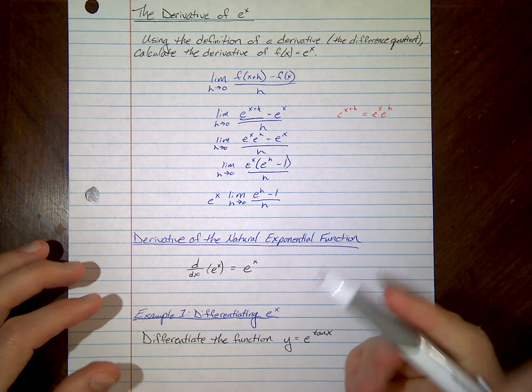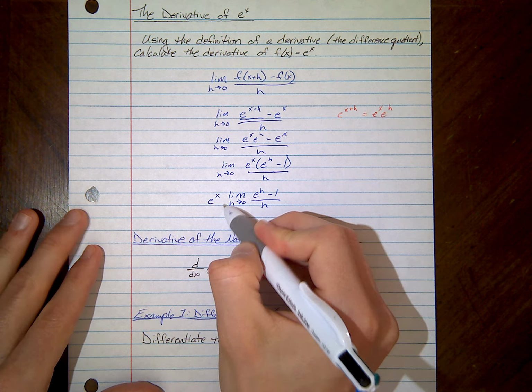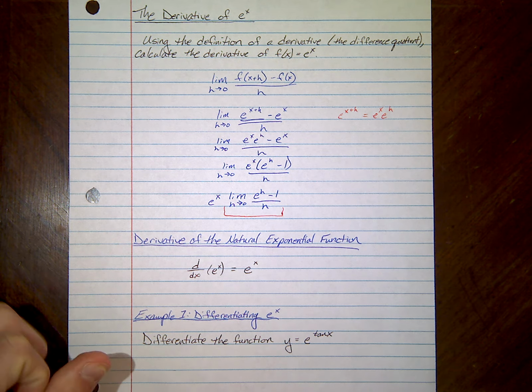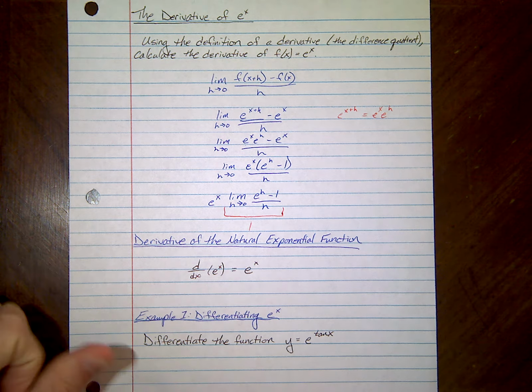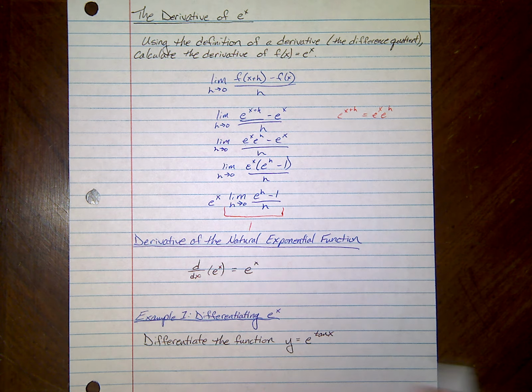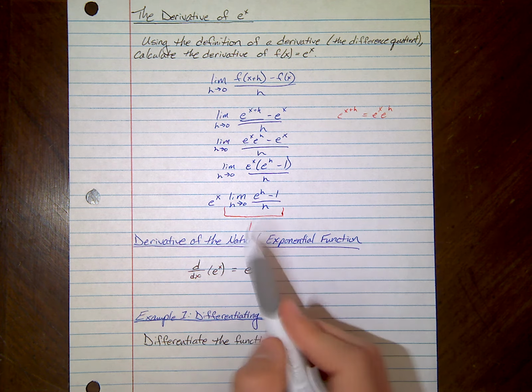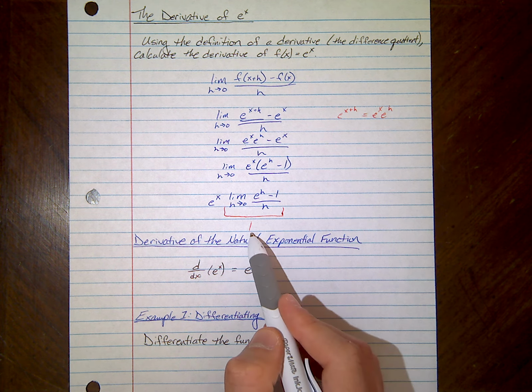Now, I could go into more details here, but suffice it to say, by definition, that equals 1. Okay, that's just the definition of what e is. That's just how it's created, really. So by definition, this whole limit here is equal to 1.